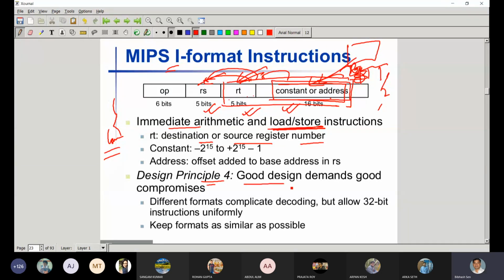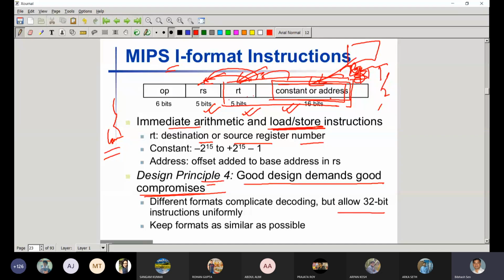Design principle 4: good design demands good compromises. That means you also have to compromise on the hardware. Different formats complicate decoding but allow 32-bit instructions uniformly. Multiple-length instructions would be good for saving memory, but they complicate the design.